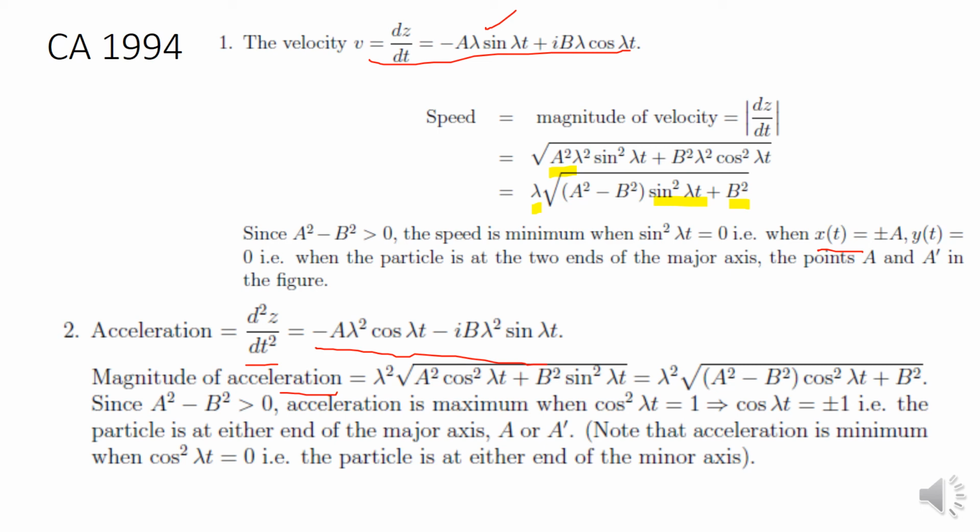Now we want to find the acceleration. Acceleration is the second derivative of z, d square z upon dt square. We take its magnitude.